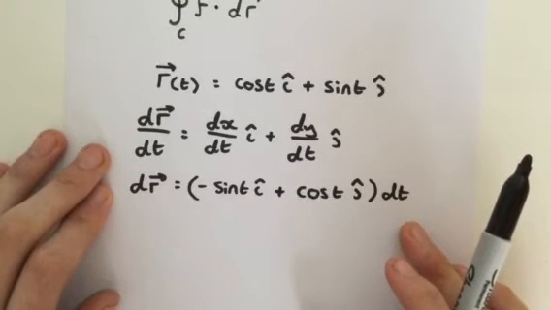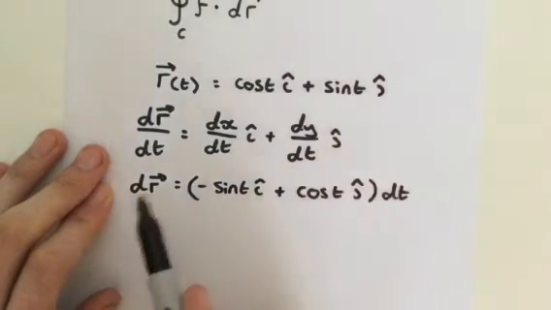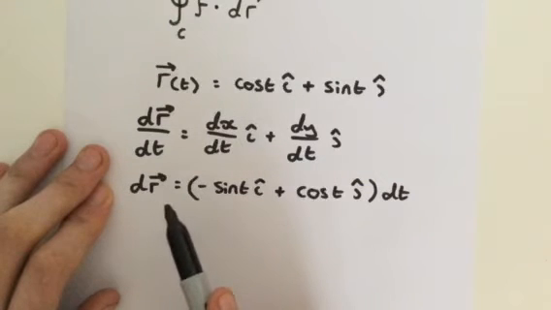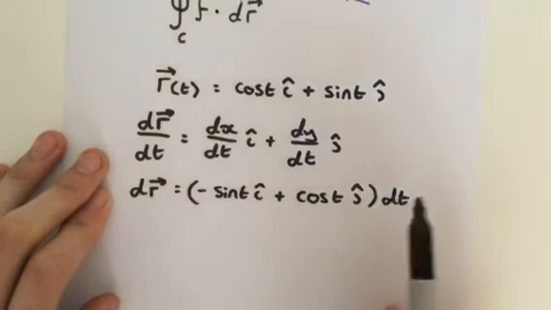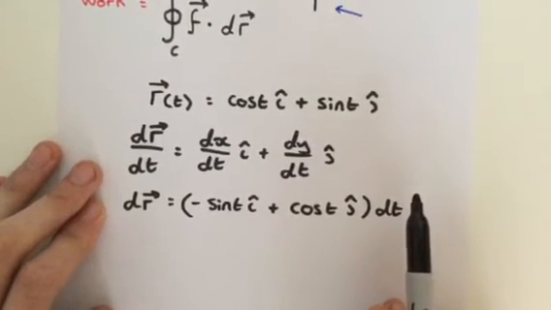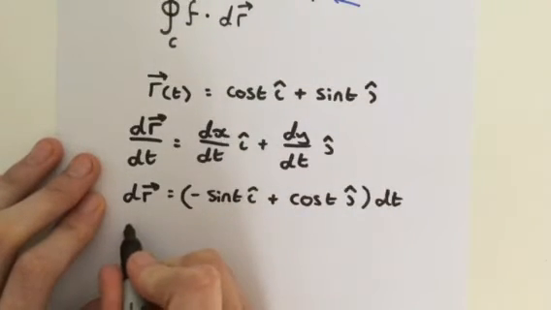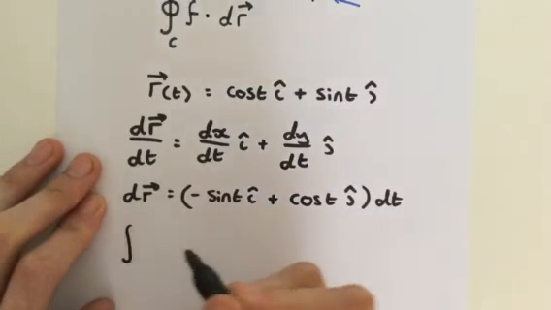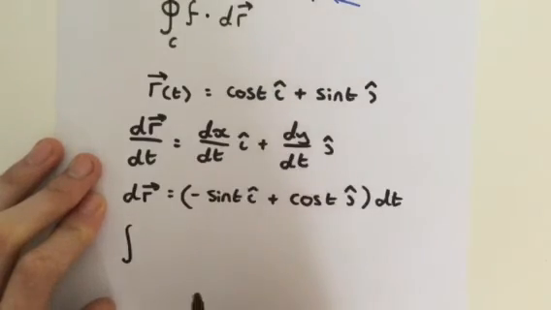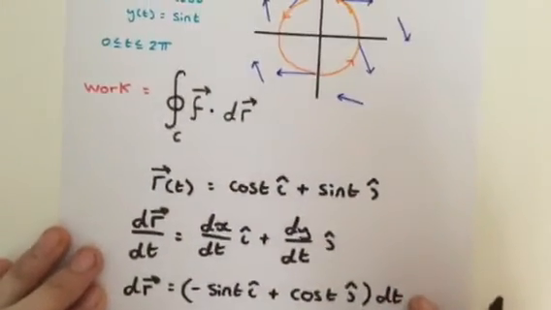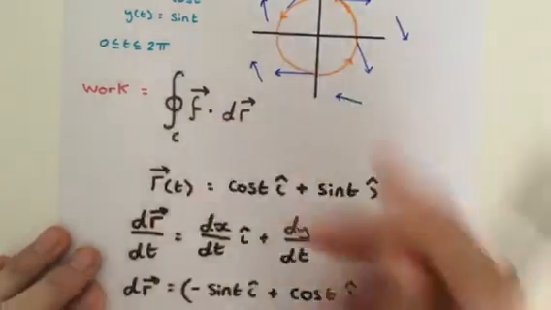Right, so we've calculated our dr, our tiny distance. So we can go ahead and take the dot product. So our line integral, it's our curve C, so t goes from what? Where it says t goes from 0 to 2 pi.